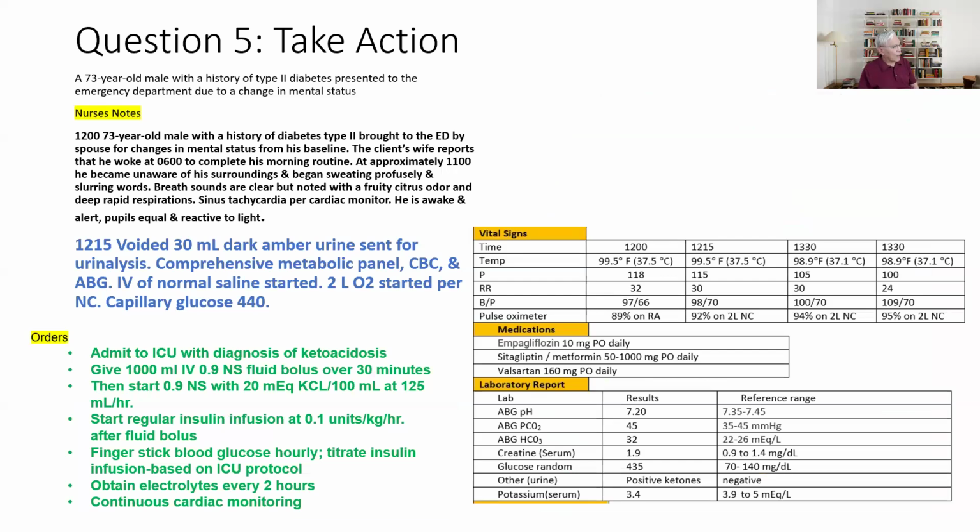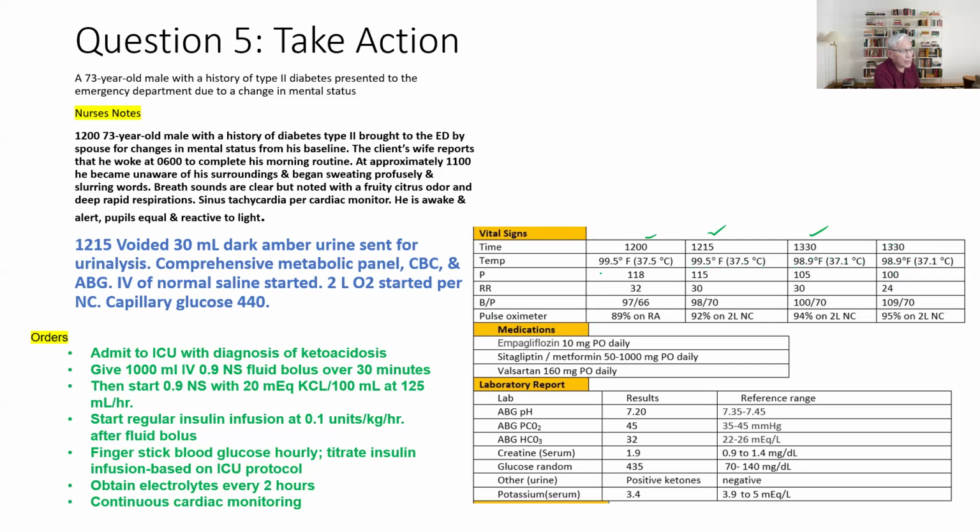Okay. So now the new thing is that we have new vital signs. At 12 o'clock we already reviewed that, then 12:15, 1:30. This should be around 14:30. Anyway, temperature. Better, right?